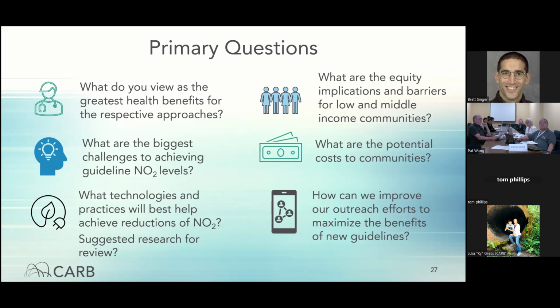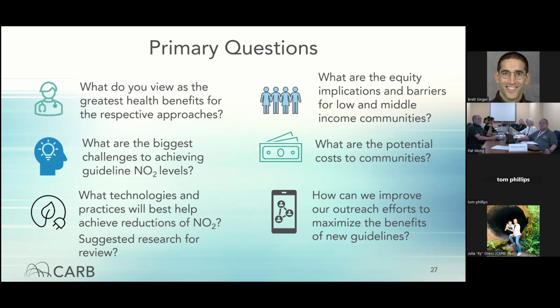Part of it is there have been calls by several community groups and an increased interest in improving indoor air quality, and realizing that there are big disparities in environmental justice communities with indoor air quality and exposure to nitrogen dioxide. Also, there's a lot of new information out there. We've got WHO and Health Canada, who have more recently updated their guideline values.